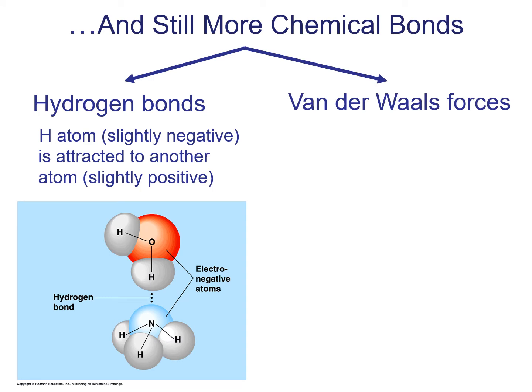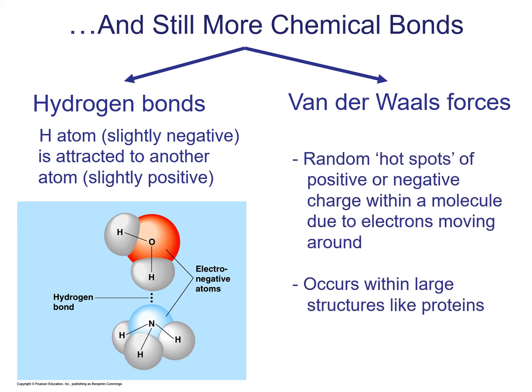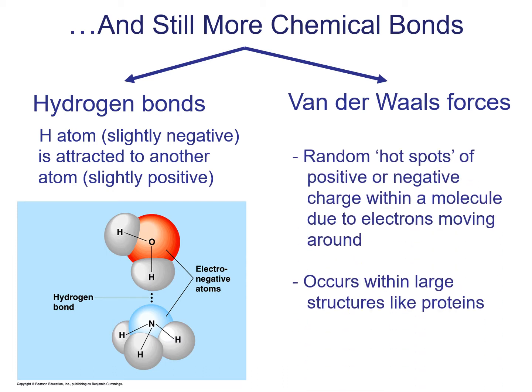A weaker force, but one that's really important on large molecules, is something known as van der Waals forces. And this is due to random hotspots of charge within a large molecule. And this is occurring because, as I mentioned before, electrons are constantly moving around.